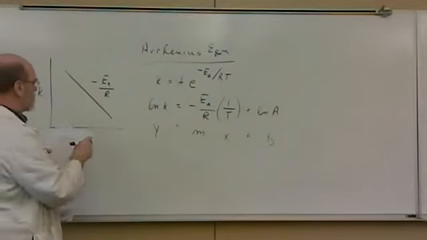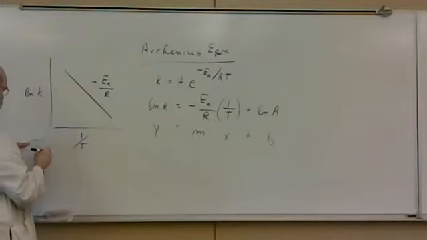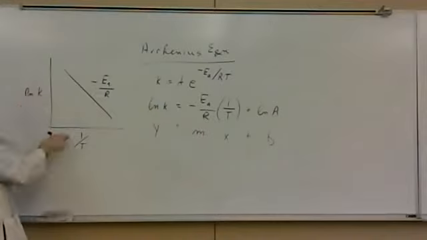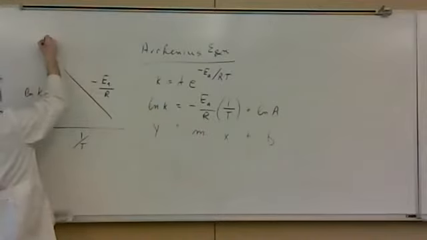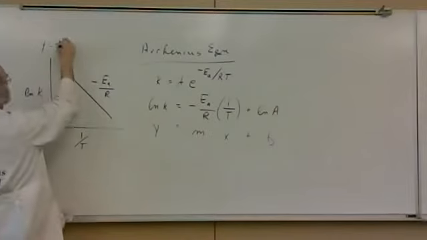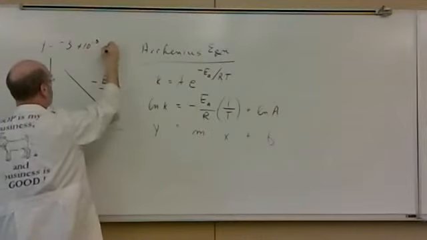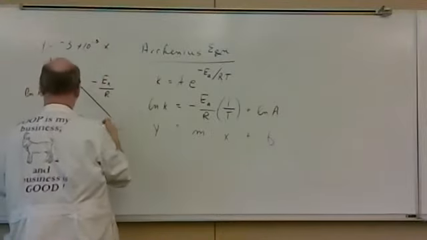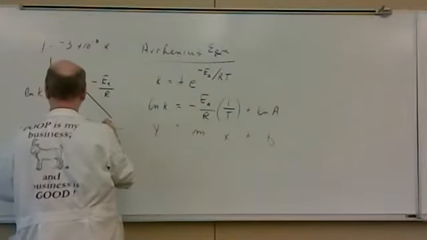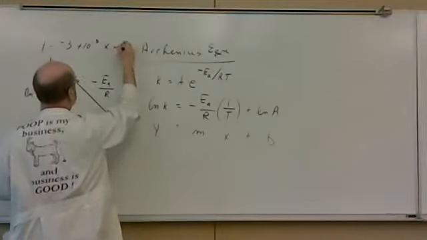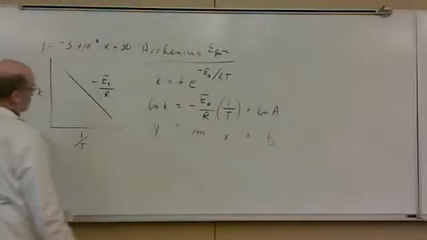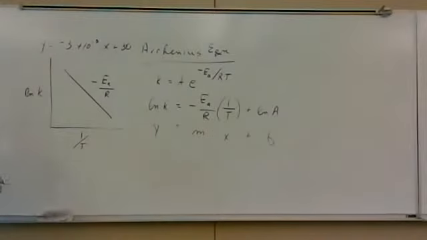If you're given the equation of that line, say, if this is y and that's x, say we have y equals minus 3 times 10 to the minus third x, plus, let's keep it simple, 30. Then how would you find out what E sub A is from that equation?